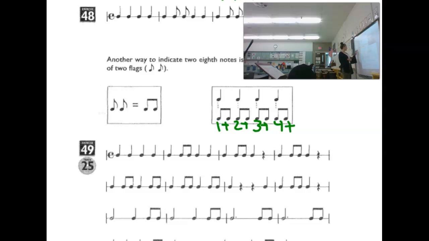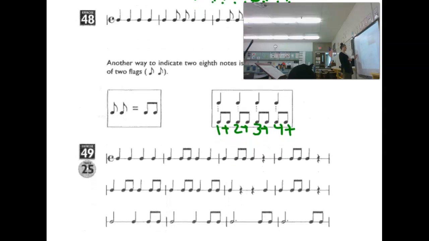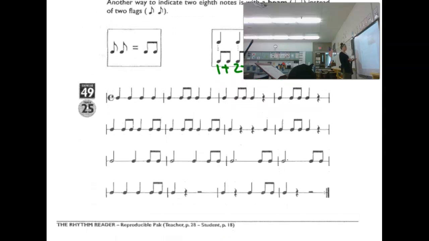So if I'm looking at number 49, I'd have beat 1, 2, 3, 4. The next measure I have beat 1, 2, and 3, 4. 1, 2, and 3, 4.